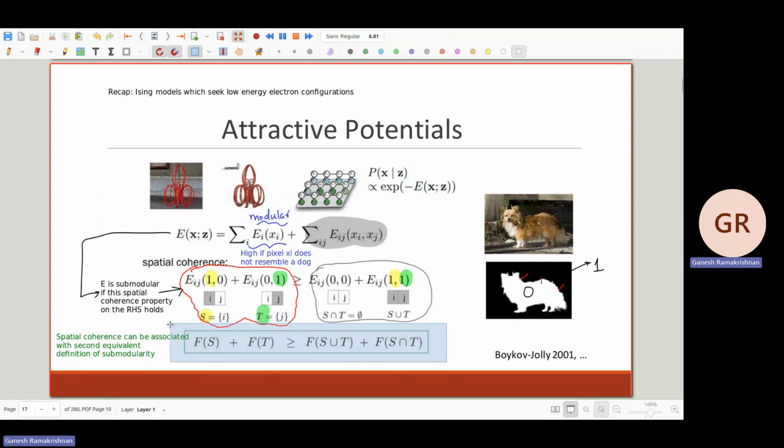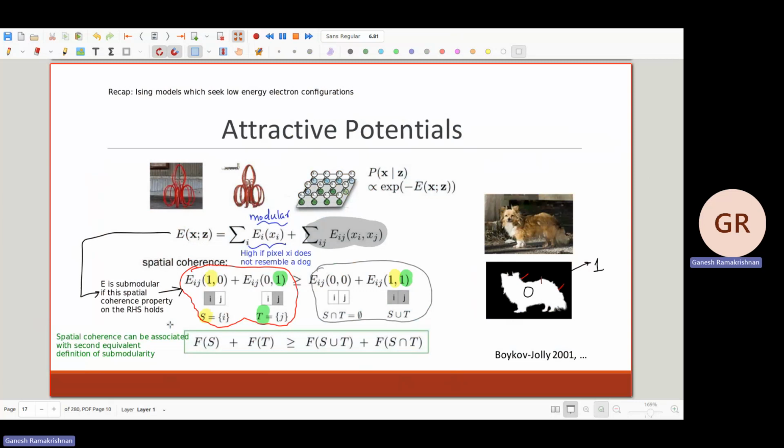You remember we talked about two definitions of submodularity. One was diminishing returns, which was in terms of f(A union B) minus f(A) greater than or equal to f(B union B) minus f(B), for all cases where A is a subset of B. But there was another definition where instead of A being a subset of B, we just said f(S) plus f(T), or f(A) plus f(B), think of S as A and T as B, is greater than or equal to f(S union T) plus f(S intersection T).